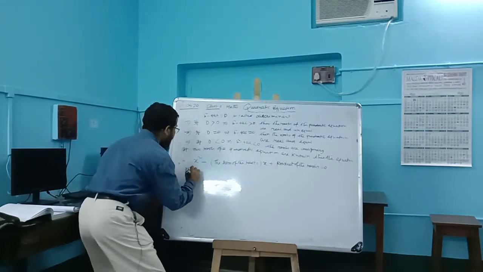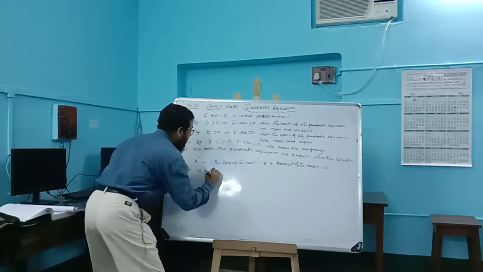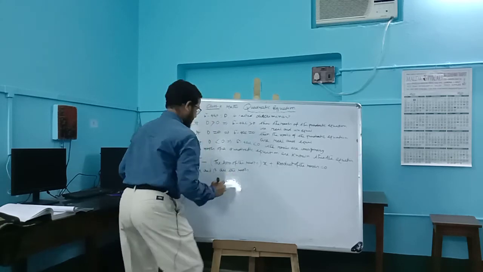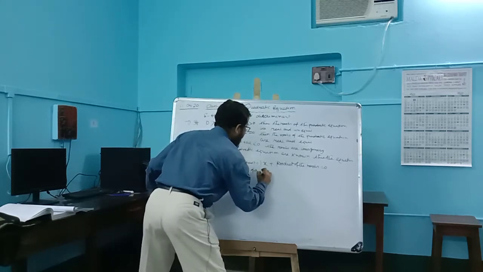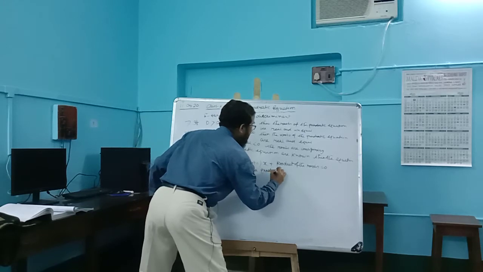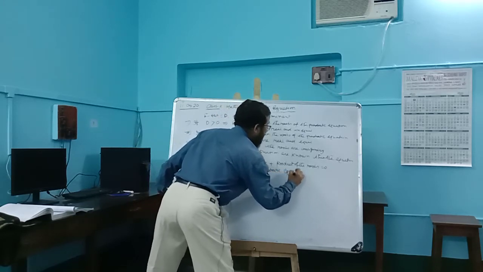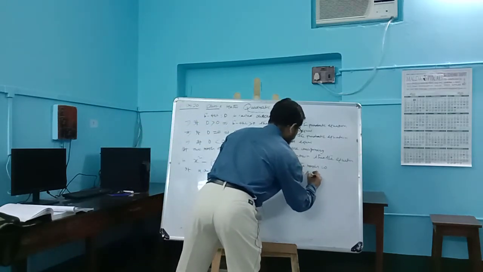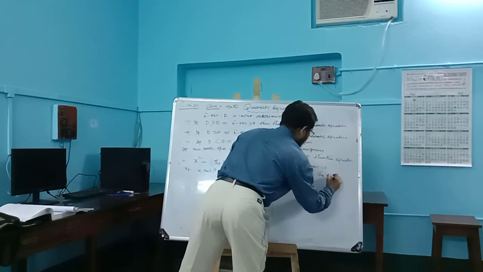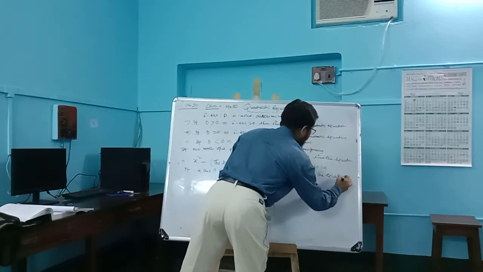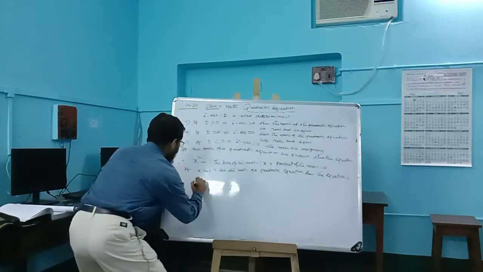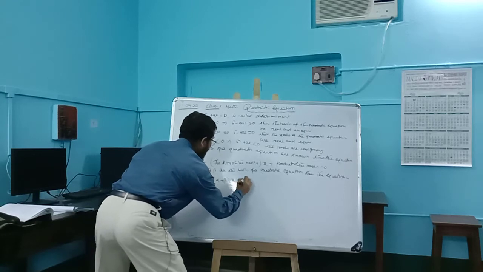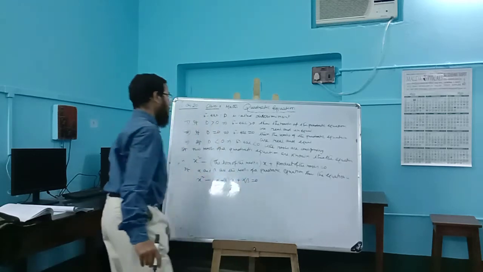If alpha and beta are the roots of a quadratic equation, then the equation is x square minus alpha plus beta x plus alpha beta equal to 0.